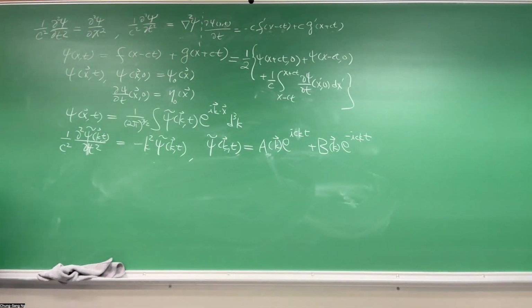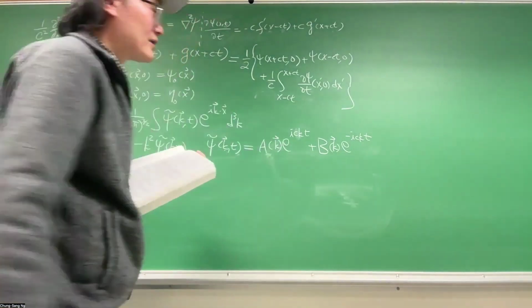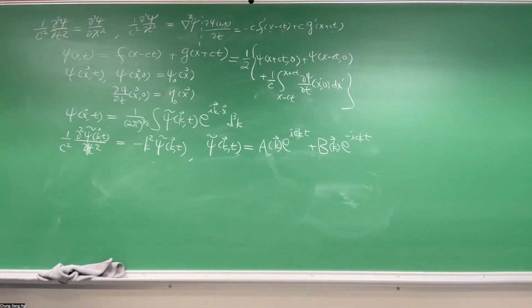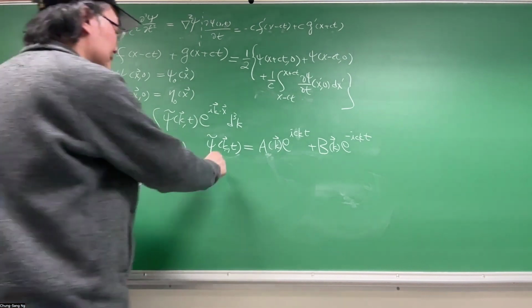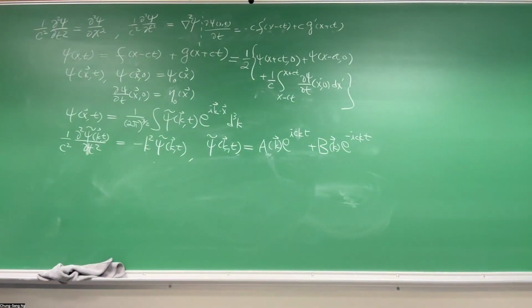I mean, you can use sine and cosine, but for Fourier transform, using the exponential is sometimes easier than the sine and cosine, right?